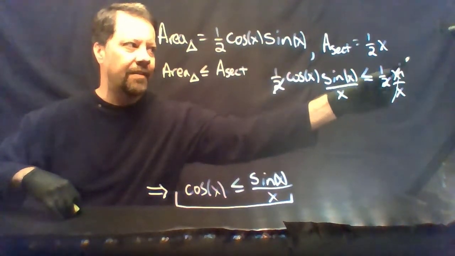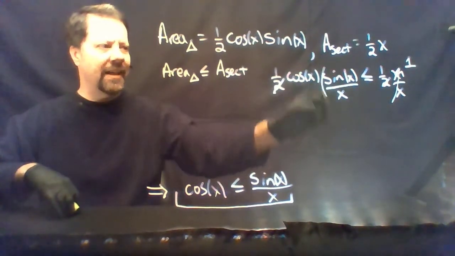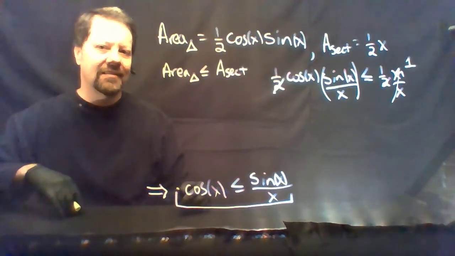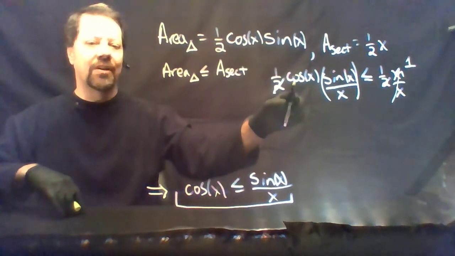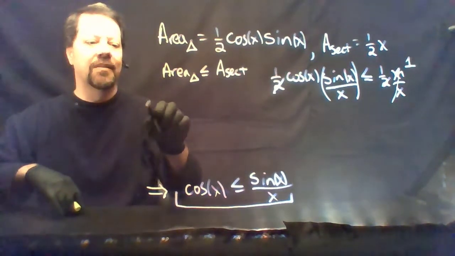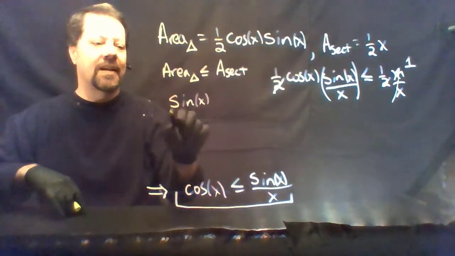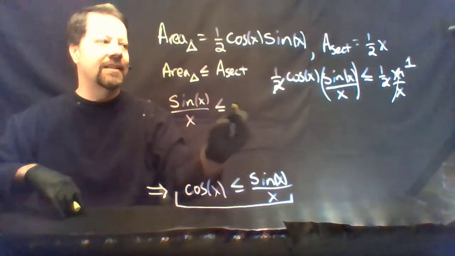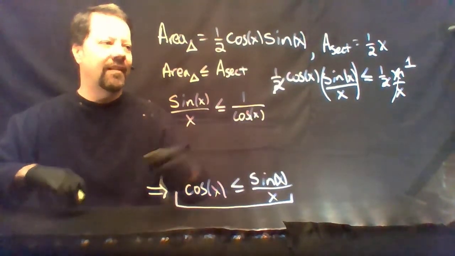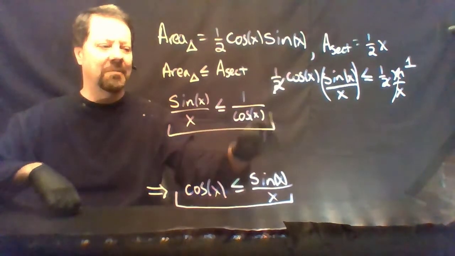All that's left on the right-hand side now is 1. You can see that we have this sine x over x that we would like to isolate. Using the same argument as before, we can divide both sides by cosine of x, and we'll have sine of x over x is less than or equal to 1 over cosine of x. We'll put that in a little bucket.